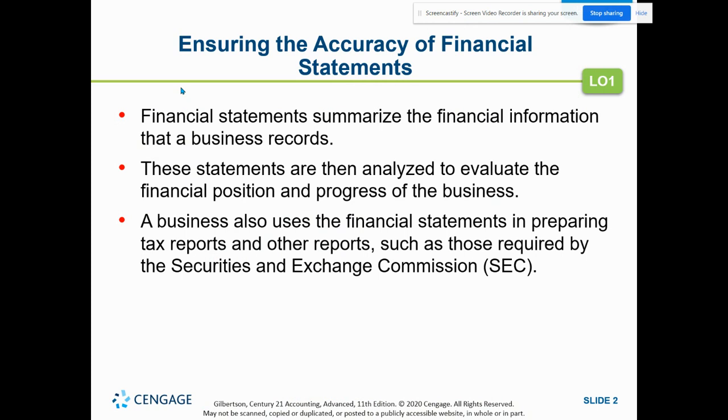We want to make sure that our financial statements are accurate because, for a corporation, all of this information has to be submitted to the SEC, the Securities and Exchange Commission. After it gets disseminated to them, then it gets disseminated to all of our stockholders. So we want to make sure that we're in the best possible financial health that we can be.